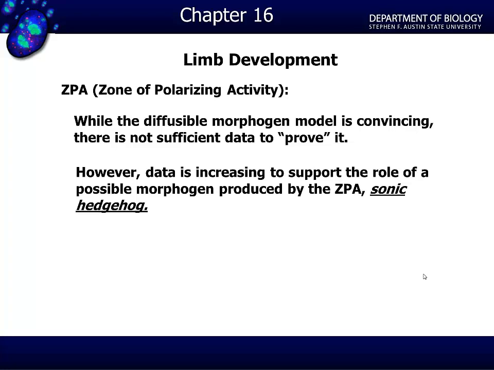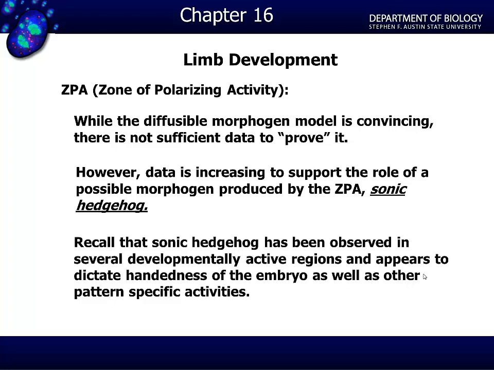And really, that's difficult at best to do. But what we can say and know, especially from the illustration we saw earlier, is that sonic hedgehog, a very important inductive agent that we see throughout development, is produced by the ZPA, and it could potentially be the source of this morphogenetic activity.